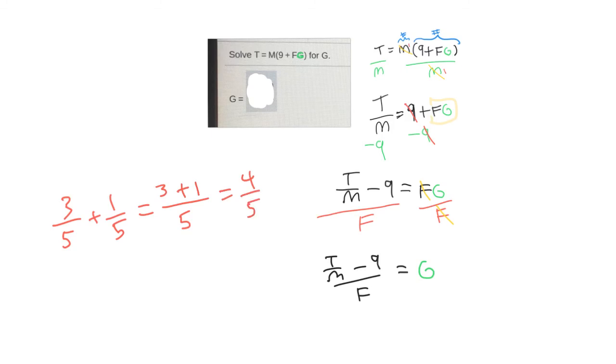Now, most of us are very used to moving from this step to this step. Now, you might not write this out, but you're at least doing it in your mind, and then you come up with the 4/5.